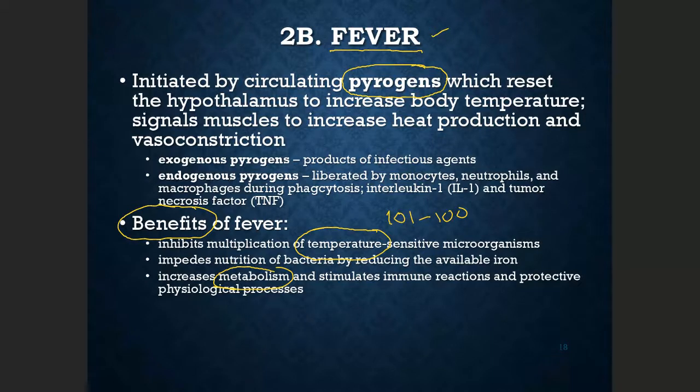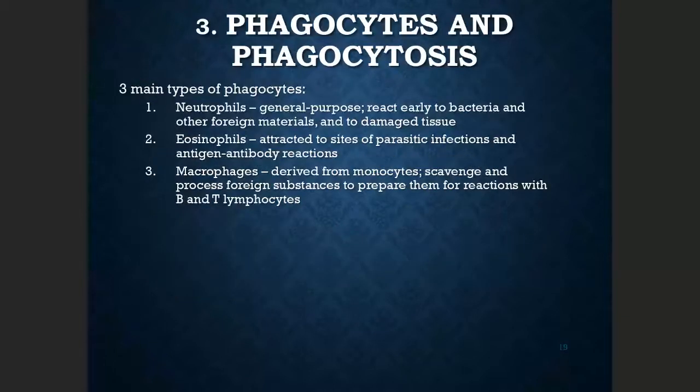But if the fever increases to 104, 105, that will be dangerous. So we have to take a fever reducer when it's so high. But again, just remember, fever is actually part of our defense mechanism because it's able to kill some bacteria that are sensitive to high temperature, and also increases the metabolism and the fight of white blood cells in the infection area.